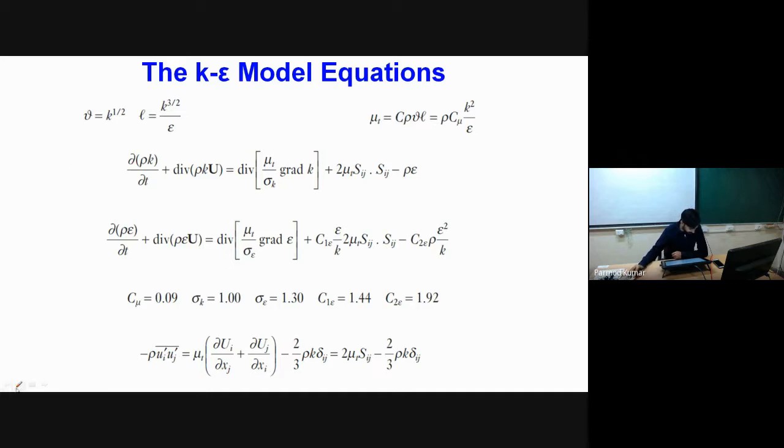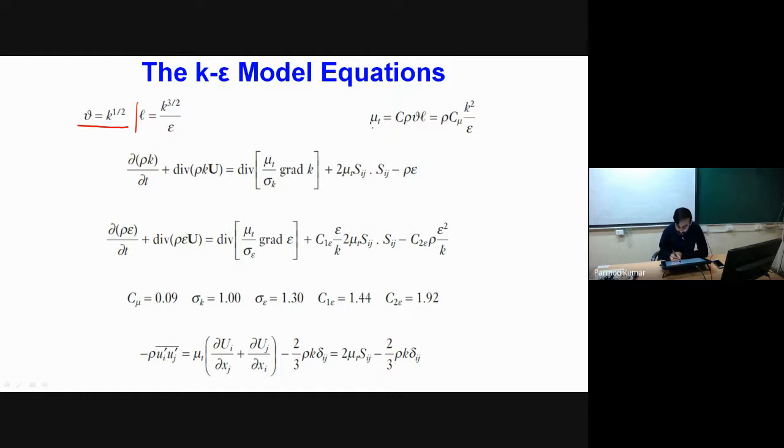We define the velocity scale of the large eddies as the square root of the turbulent kinetic energy, and the length scale of the large eddies as K to the power 3 by 2 divided by epsilon. Dimensionally, this is equal to the length scale of the large eddies.